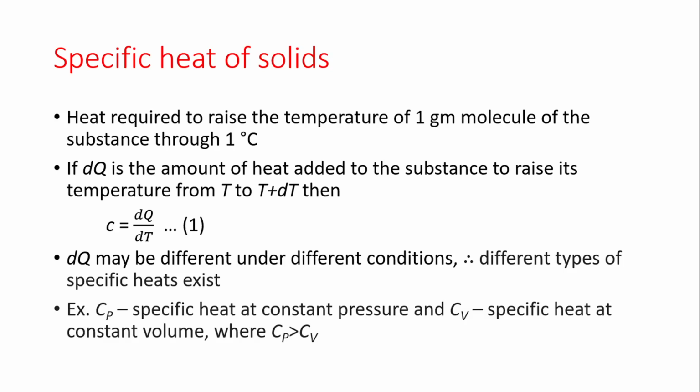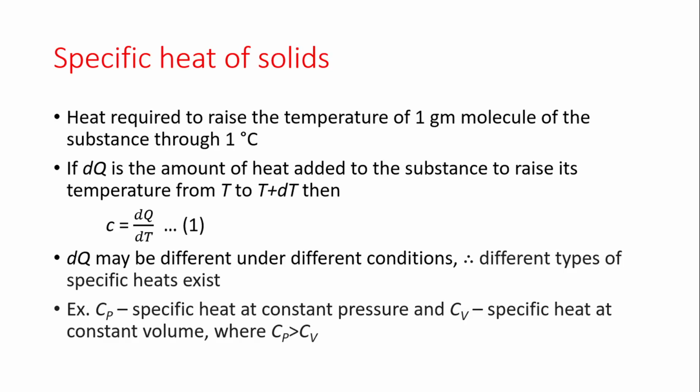We are familiar with the specific heats of gases, and similarly we can define the specific heats of solids also. As the first sentence mentioned here, the heat required to raise the temperature of 1 gram molecule of the substance through 1 degree centigrade is called the specific heat of the solid.